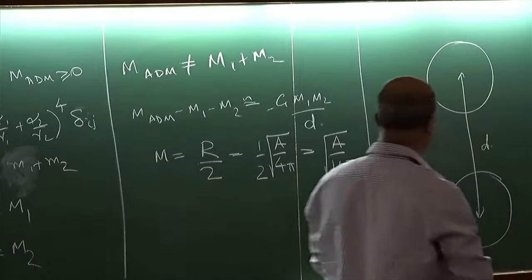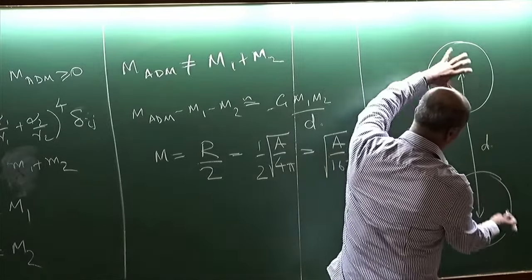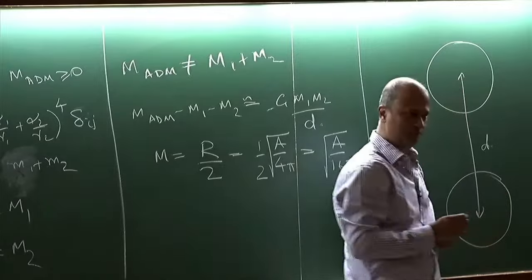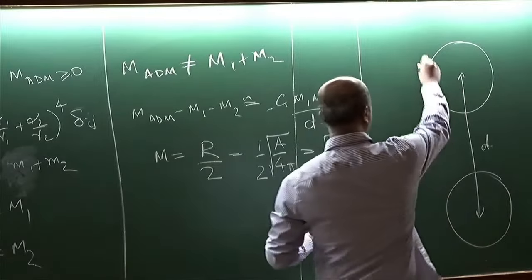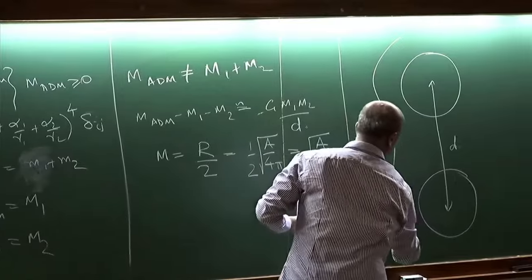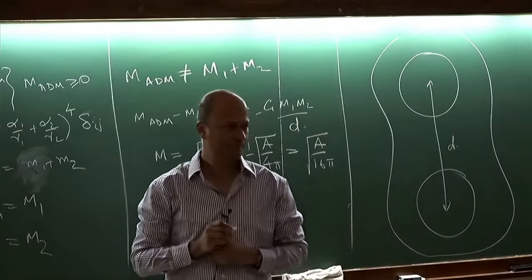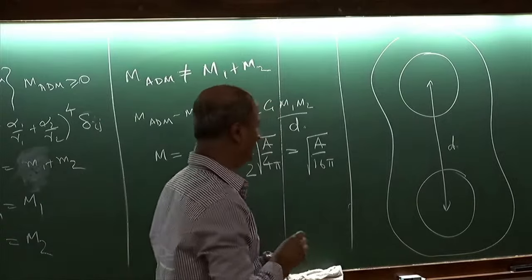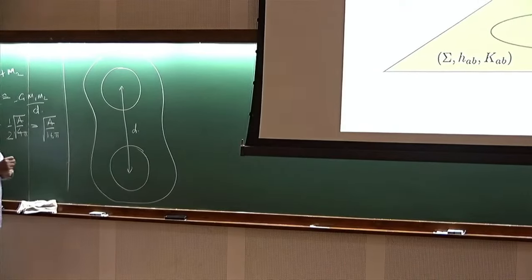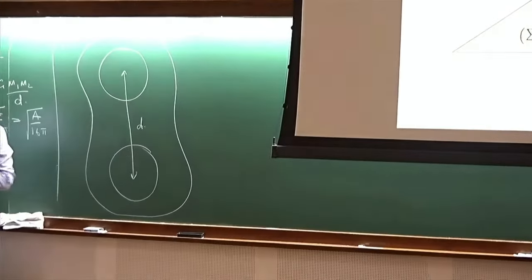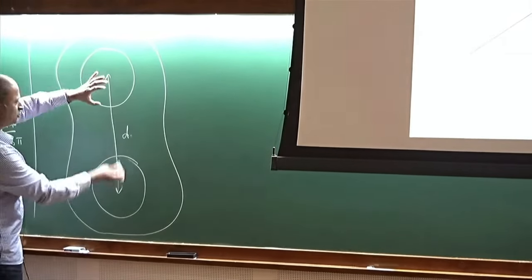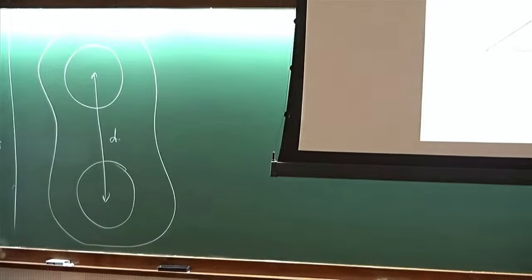Okay? But when this d reaches a critical value, then a common MOTS appears around them. Okay? And then, as you make d even smaller, something very strange happens.